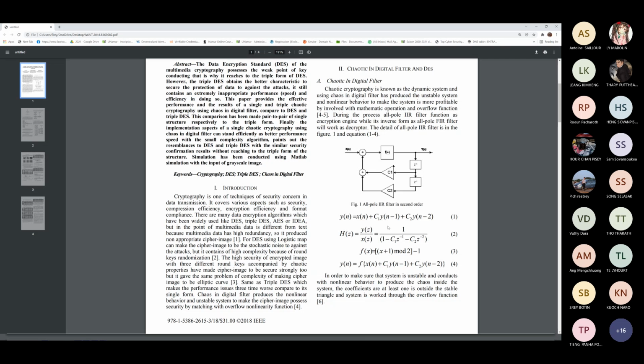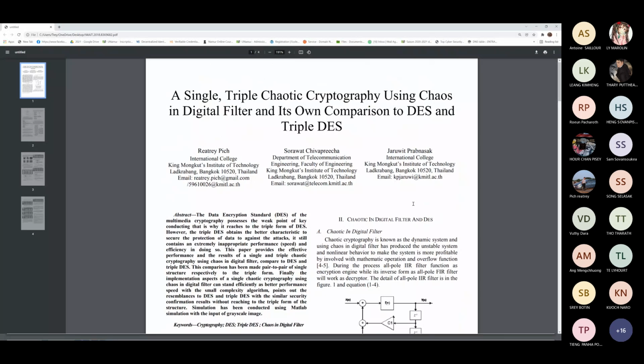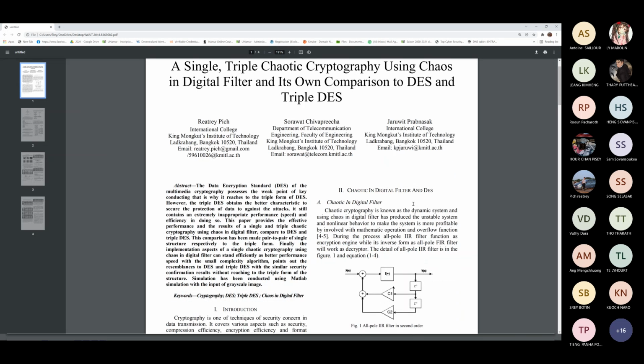And it is non-linear. So you see, in my master's research, I used chaos in a digital filter, in the field of telecommunications, to construct crypto engines by producing chaos. Chaos means that I try to make my system non-linear. Actually, the second order equation that I use is linear.